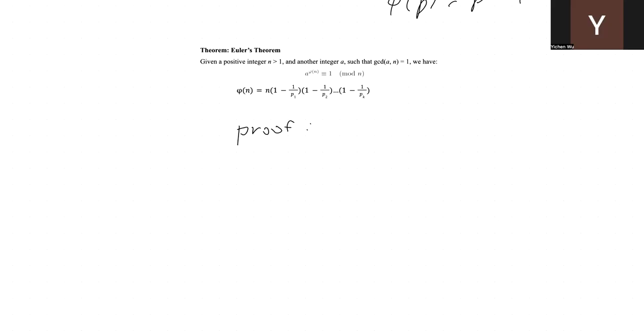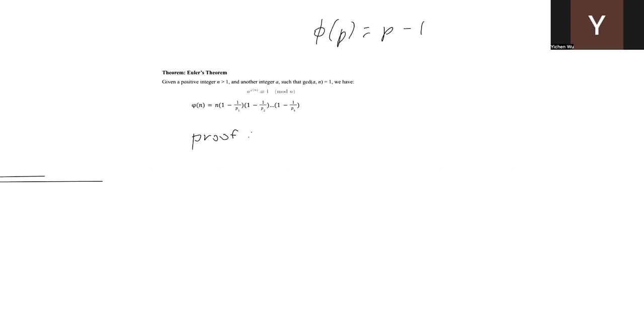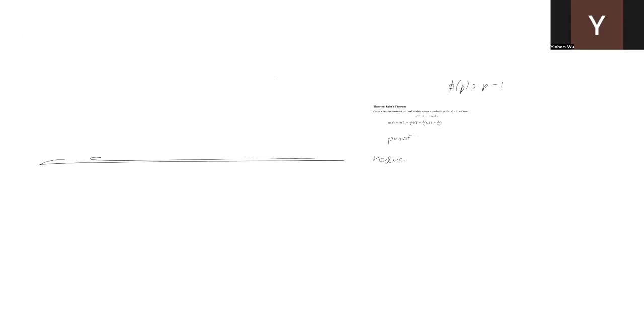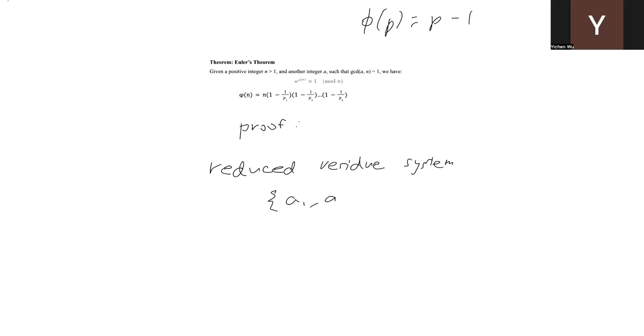A reduced residue system is basically the set of all remainders a1, a2, ..., ak, such that each one of these remainders is relatively prime with our number n that we are doing mod here.